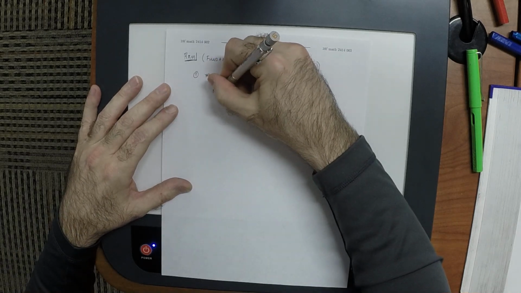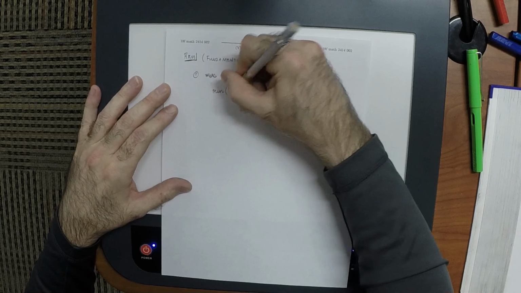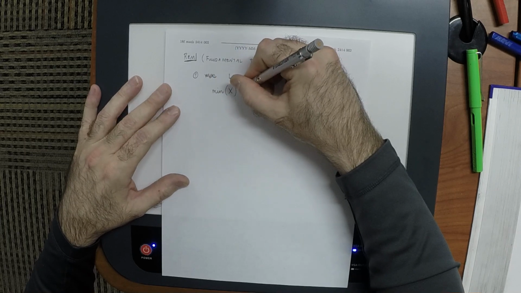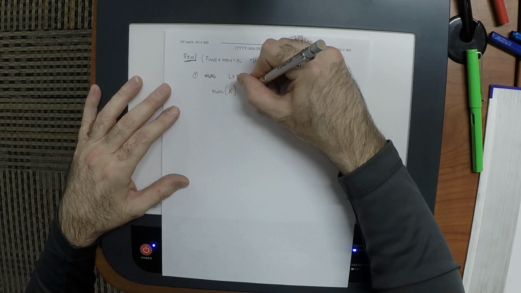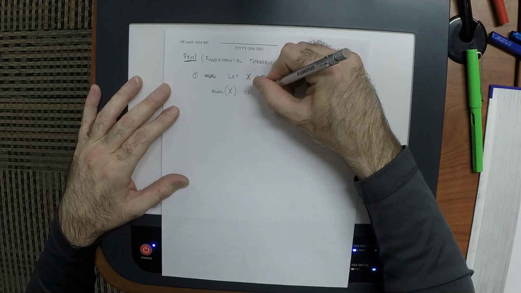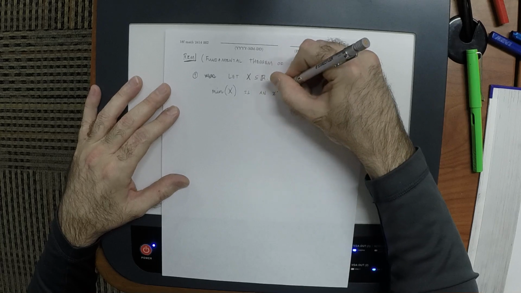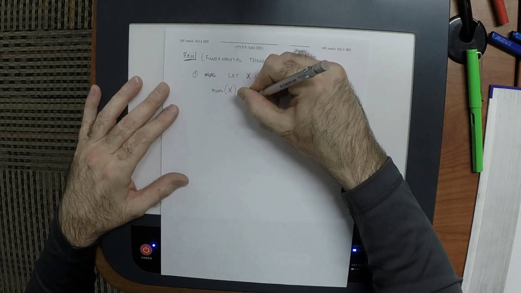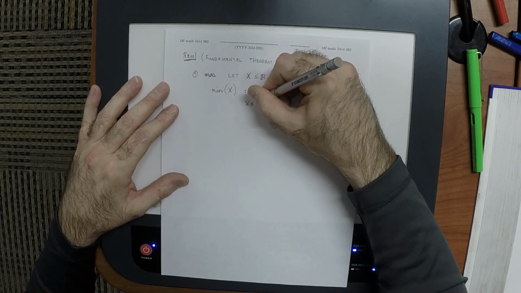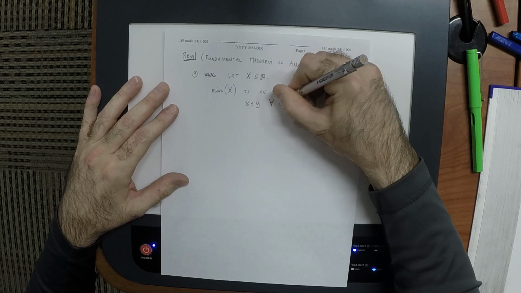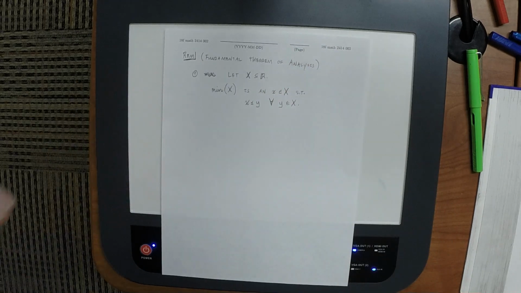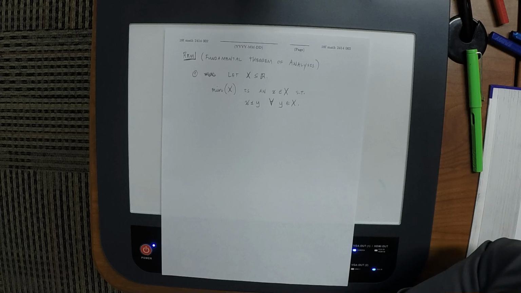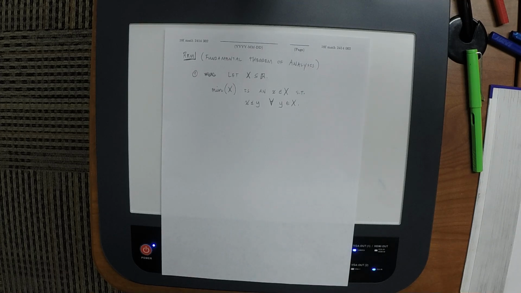Then the minimum of set X is a little x in set X, such that x is less than or equal to y for all y in X. Okay. So that again is sort of a definition that only a mathematician could love.